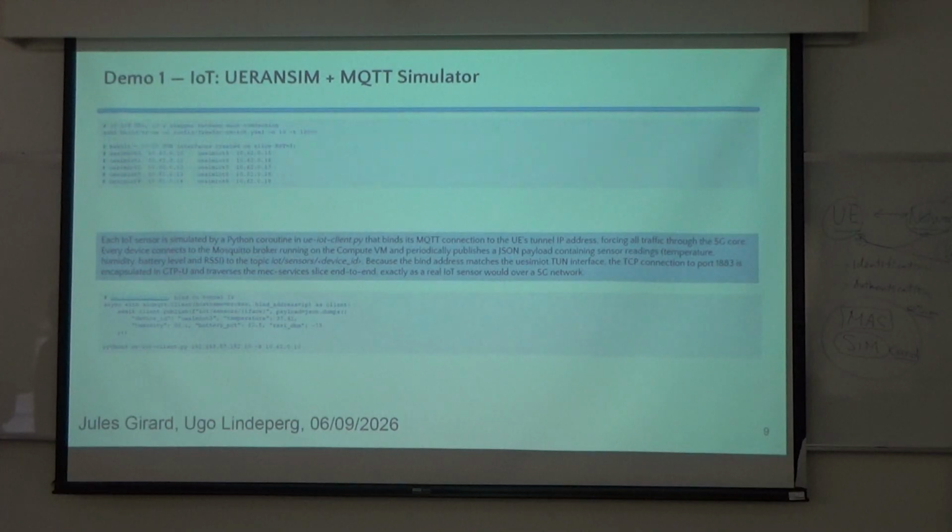So to simulate MQTT traffic with only one VM, we use the MQTT client object from the Python paho-mqtt library. So we can bind one client to one IP address and send our JSON payload on each interface.